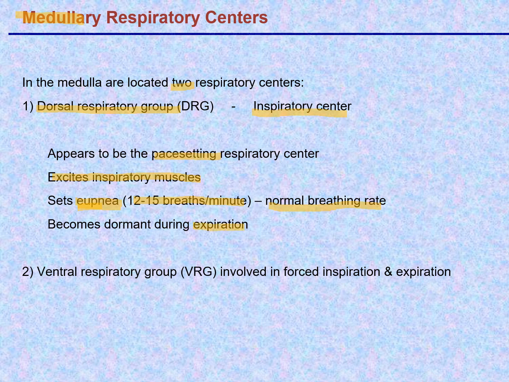So you get turning on of action potentials coming from out of the inspiratory center, depolarizations and action potentials triggering breathing. And then when you stop inhaling, when you start to breathe out, it decreases in activity.